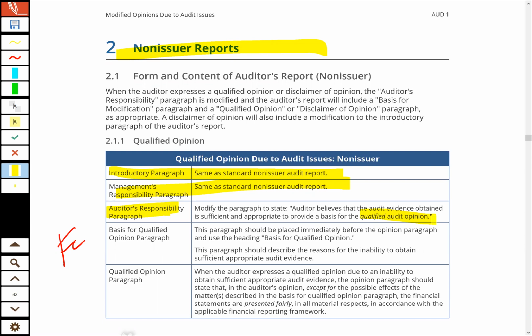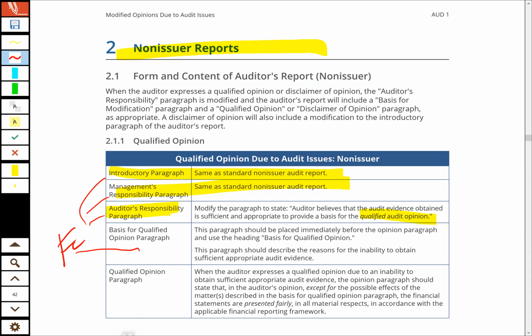You just say qualified opinion. Now what changes, and I don't even know that that's really much of a change, is that you bring in the basis for the qualified opinion, just like you would if it was qualified for GAAP reasons. But of course, the reason you're going to describe is the GAS qualification.